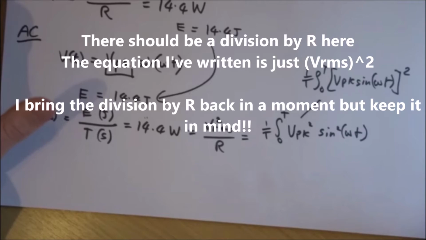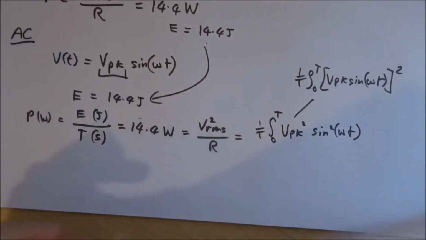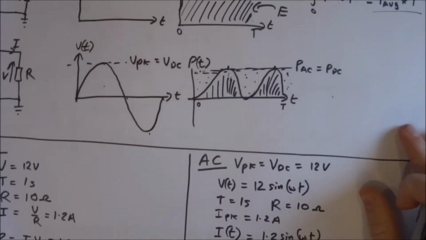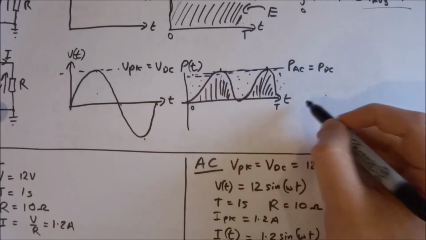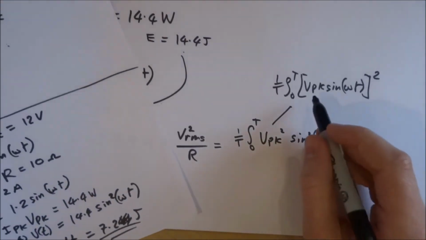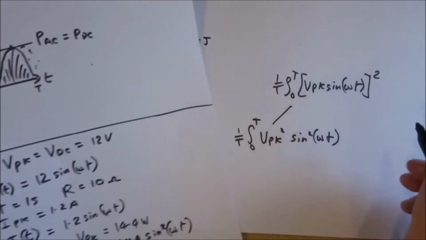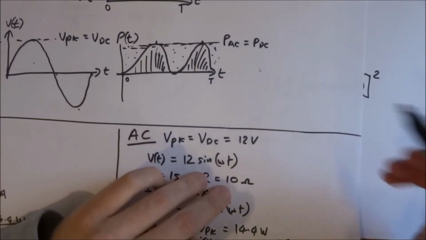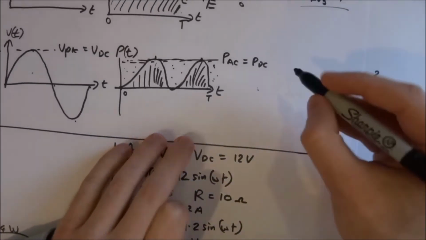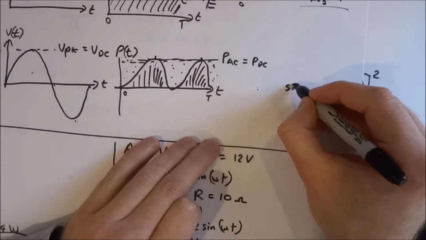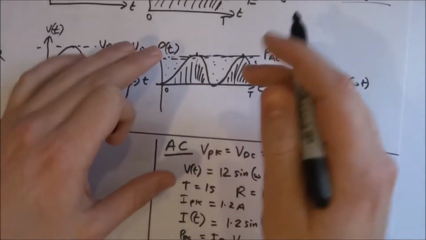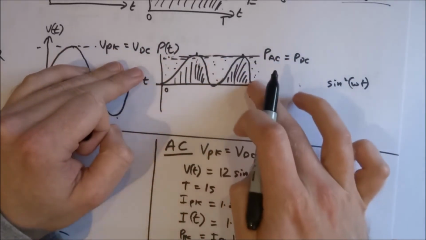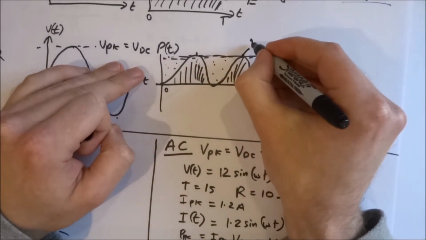Now if we look back at the drawing that we made before of our power waveform, the sine squared function looks like this. If we ignore the V peak section for a moment and just concentrate on the sine omega t, which has an amplitude of 1 by default, so just the sine squared omega t component by itself, that is a waveform that looks like this but has an amplitude of 1.